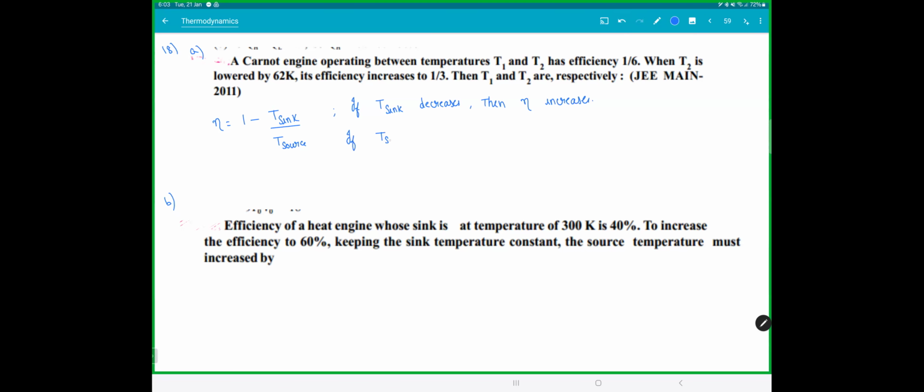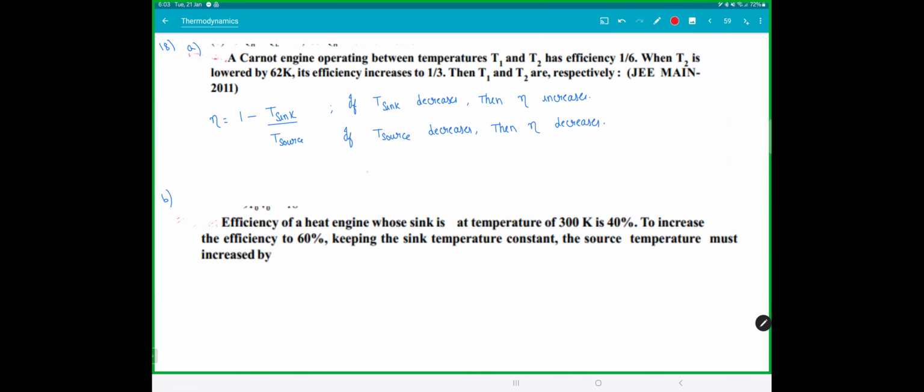If T source decreases, this negative number will increase, so 1 minus that will decrease. Then efficiency decreases. Now in the question, when the temperature decreases by 62 Kelvin, efficiency became 1/3. It actually increased. That is the first conclusion.